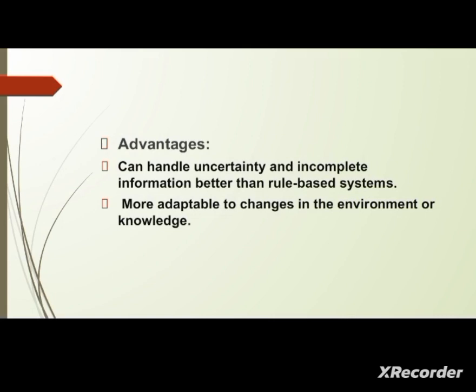These rules are typically derived from the knowledge of human experts in a particular domain, and we discussed the components of the rule-based system. The second part was the model-based system, which uses explicit models of underlying processes in a problem domain. This model represents the relationships and dependencies among different variables. Then we also discussed the components of the model-based system.